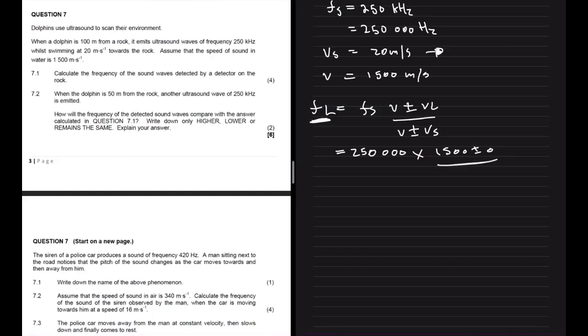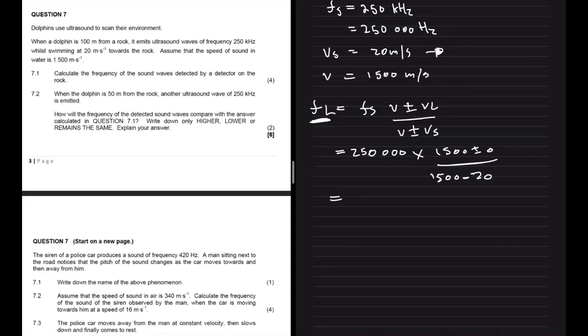And then on the denominator we have 1,500 for the speed of sound in water. And then the dolphin is moving toward. If it's moving towards, then we have minus on the denominator. If it was moving away, then we're going to have plus. So we're going to have 1,500 minus 20, which equals, now it's just a matter of putting that into your calculator.